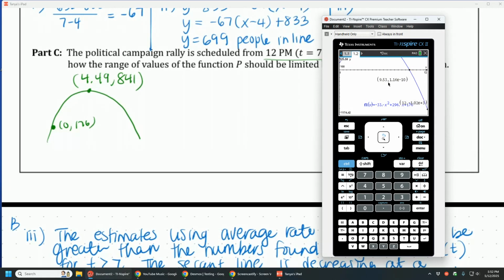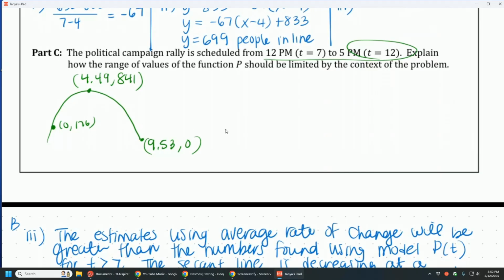So 953 and 1.116 times 10 to the negative 10 is basically 0. Okay, so this is what my graph looks like for right now. Now think about what this represents. The first number is time and the second number is people.